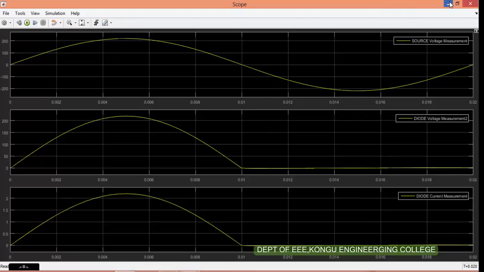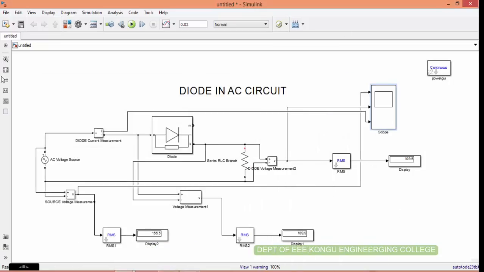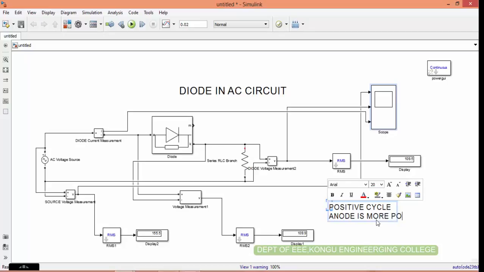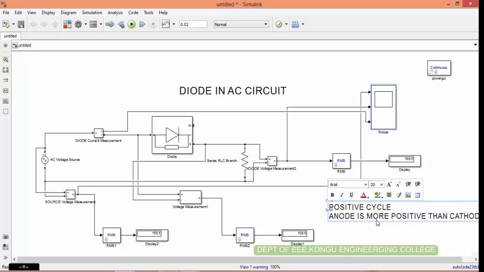The reason is, during the positive cycle, the anode is more positive than the cathode.